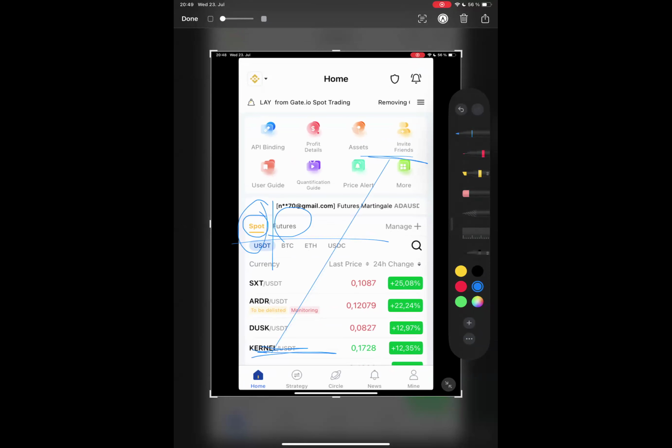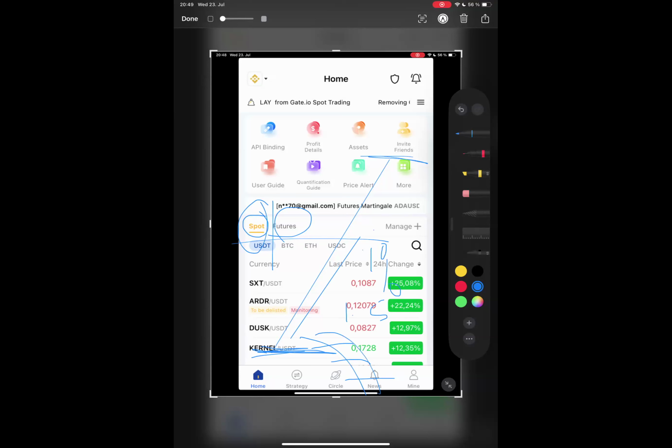Now, if the robot purchases for you and the market does not go up for the robot to sell, but the market drops, the robot will buy based on your call drops. Now, what is the call drop? The 1%, 1.5%, 2% where we did the margin configuration settings. That is what we call the call drops.